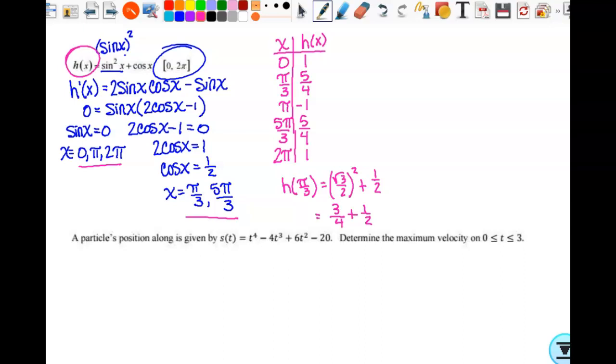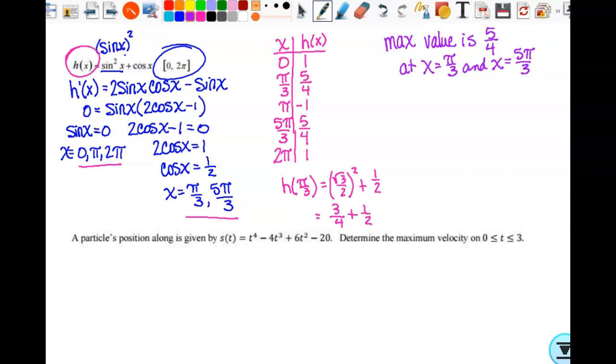Okay. So what is our max value? 5/4. So our max value, because remember that's always the y value, is 5/4 at x equals pi thirds and 5 pi thirds.